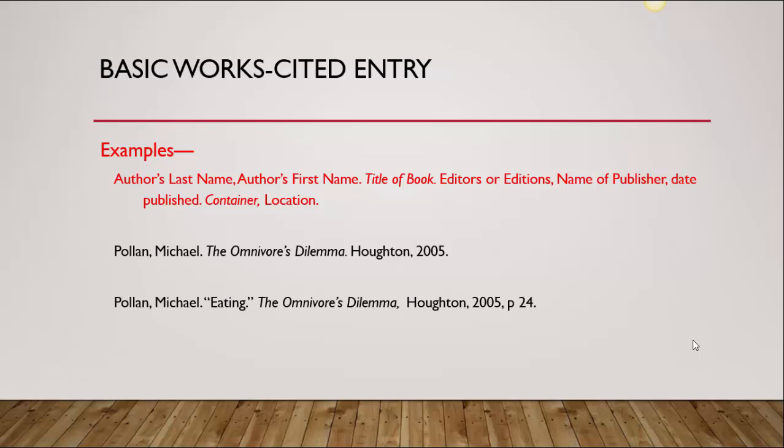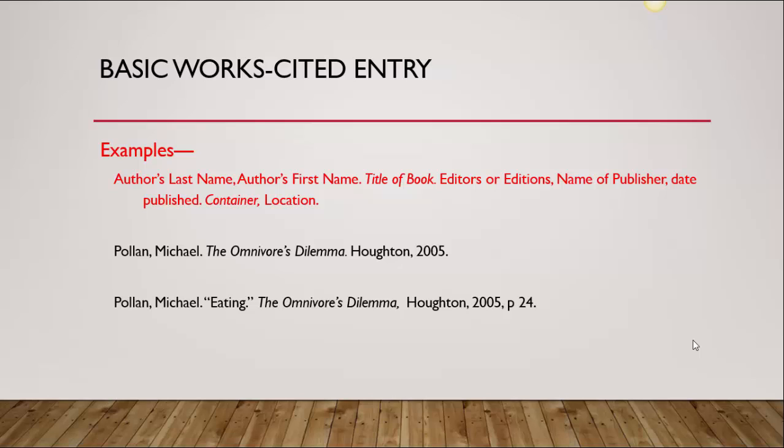You'll need the author's last name, comma, then first name, period, the title of the book, the name of the publisher, and the year of publication. Notice that you no longer need to give the city of publication or that you were using a print source, so you no longer need to include the medium in which you found this source.